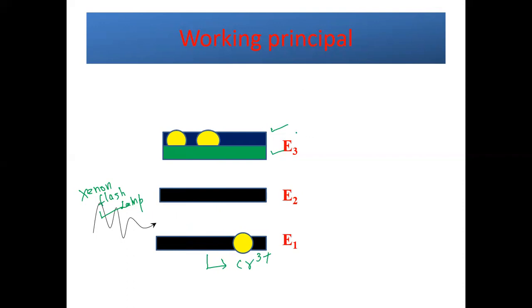The E3 energy level is short-lived. That means this energy level has a lifetime of 10 power minus 8 seconds.